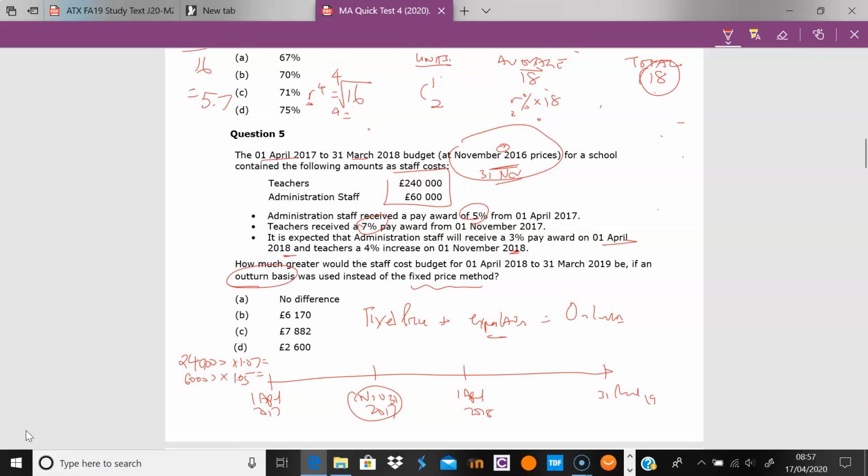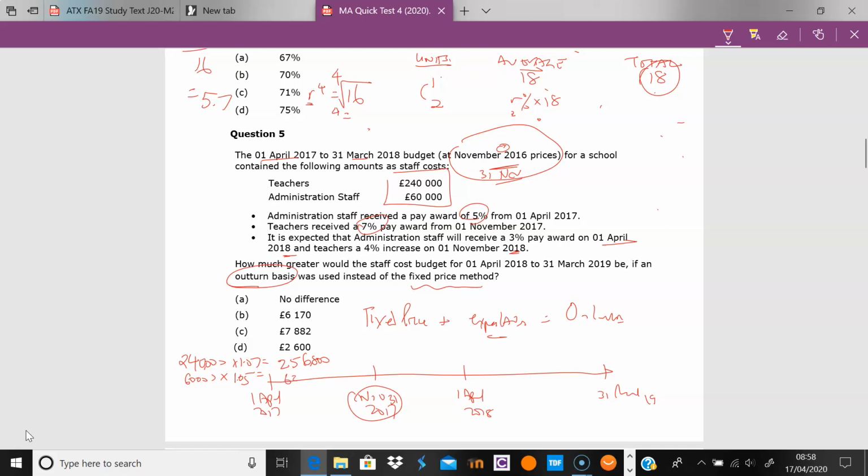So I have here 240,000 times 1.07 gives me 256,800, and here 60,000 times 1.05, that's the admin, that's 63,000.